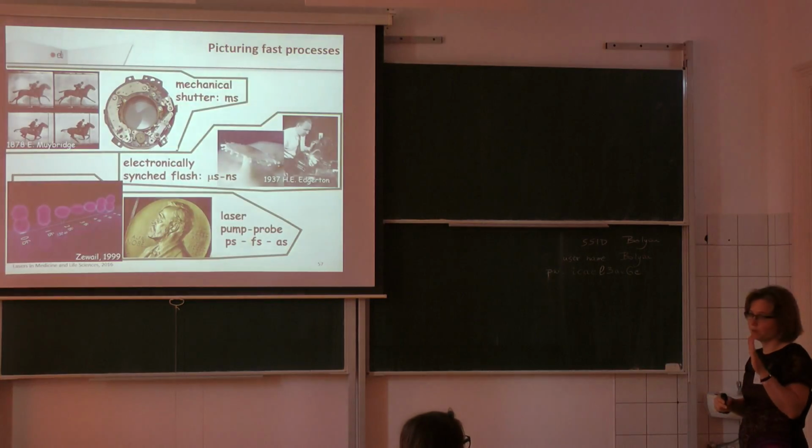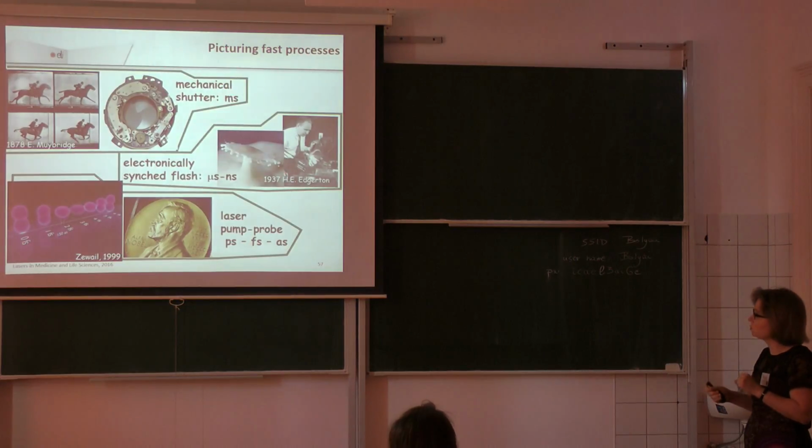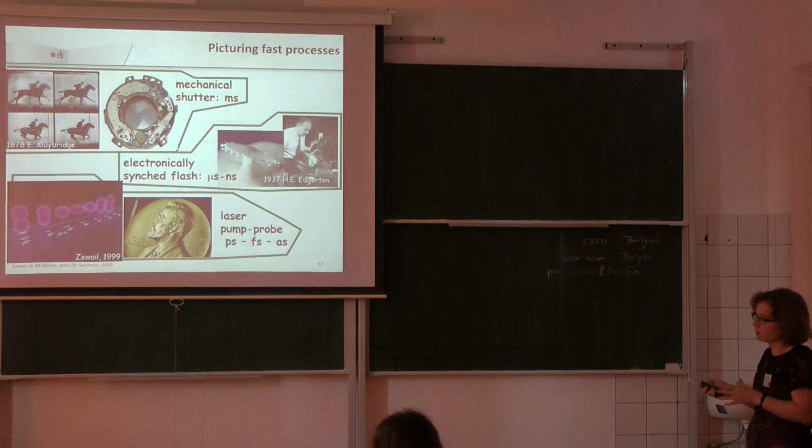So you just have a film standing there, and you have a very short flash which is synchronized and illuminates what is happening during a very short time. So you have a somewhat faster motion, you freeze it with a very short flash. What you need is to be synchronized, because if you flash before the drop reaches the surface or after, you don't see anything, but you can synchronize it, and then during this very short time that you have your flash, in the microsecond or nanosecond regime, you can freeze that process.